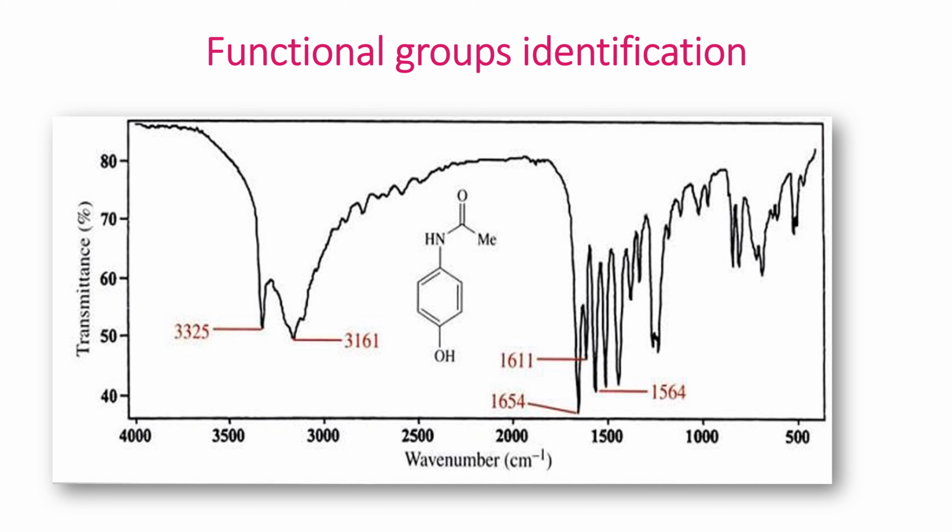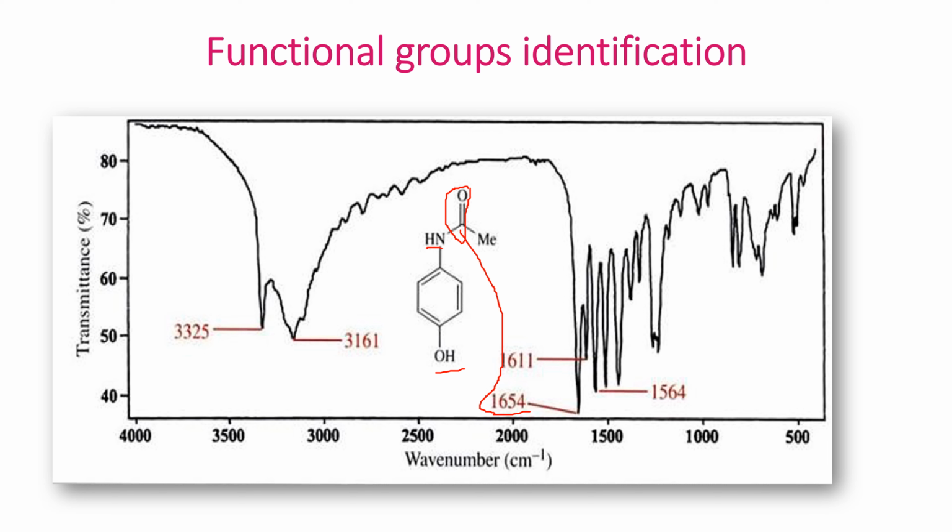Now the question is how functional groups can be identified by IR. The answer is that different functional groups give peaks at different wave numbers and hence different functional groups are identified by IR. For example, this compound contains an OH group, NH functional group and carbonyl functional group. The peak at 1644 is due to the carbonyl group.